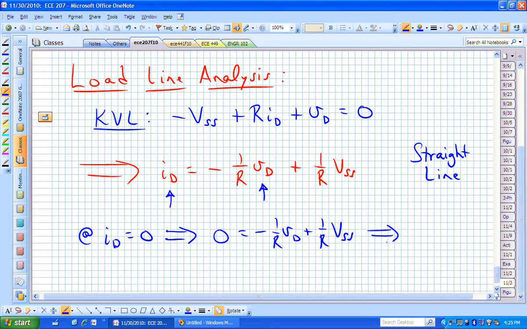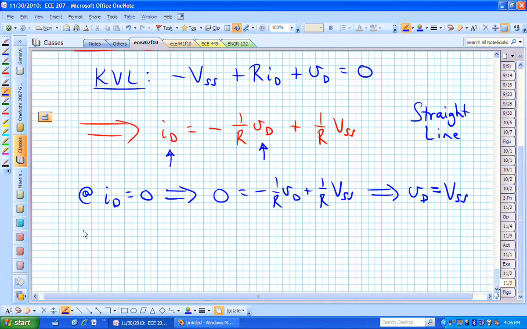We can multiply both sides through by R and solve for V sub D. And hopefully it's clear that when the current through that diode is restricted to be 0, the voltage dropped across that diode would be the entire source voltage V sub SS. That's all that's saying. That may not be happening, but that at least gives us a point on that.